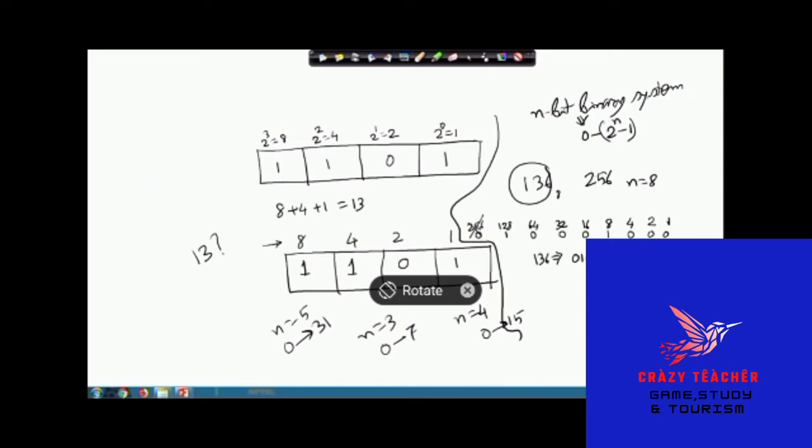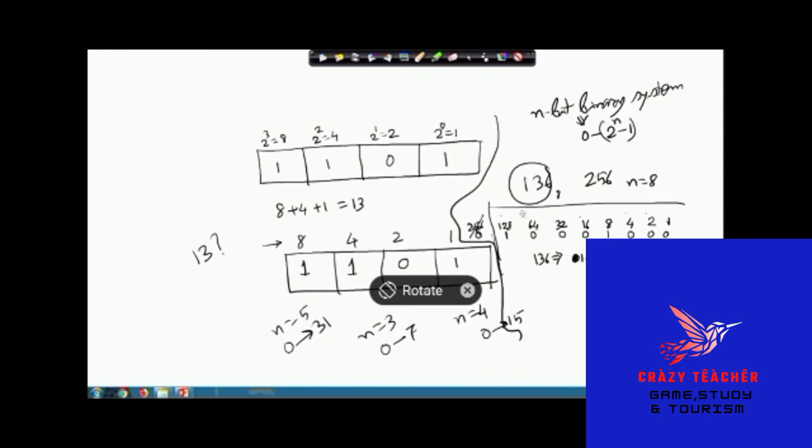See, if I have got n bit binary number system, then it can represent numbers in the range of 0 to 2 to the power n minus 1.